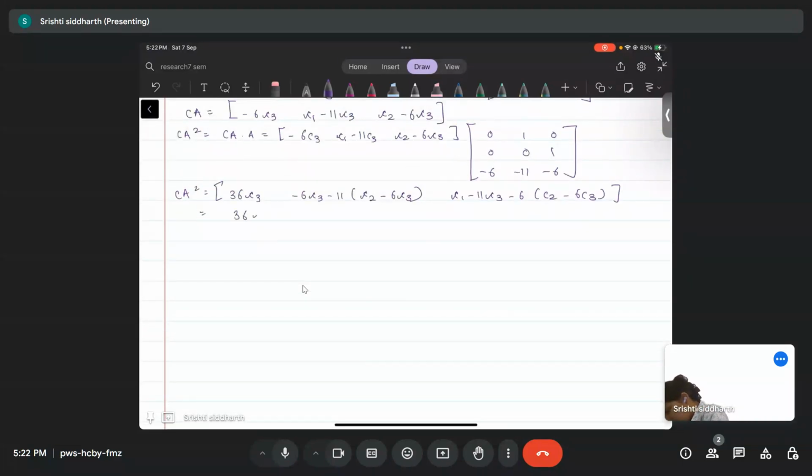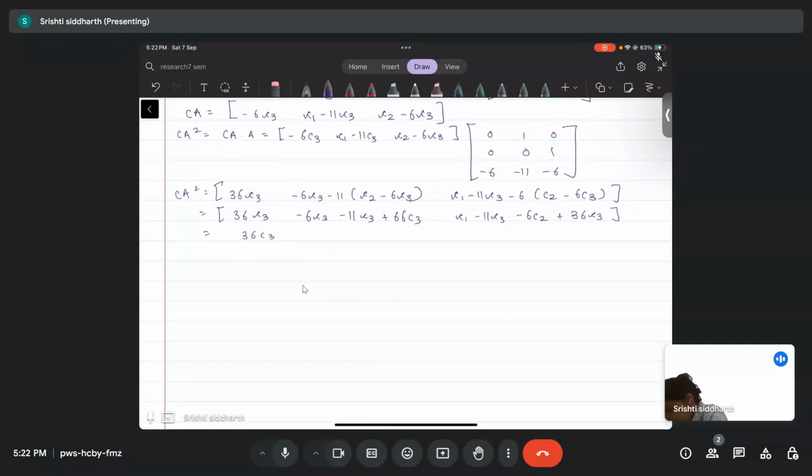So we have 36 C3, and then we have 11 C2 plus 66 C3. We have C1 minus 11 C3. We have minus 6 C2 plus 36 C3.